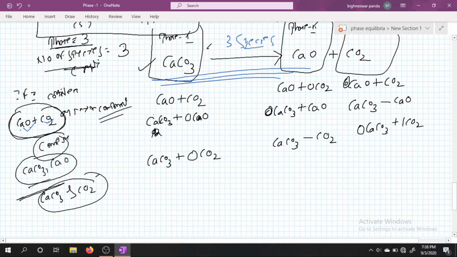If we are considering calcium oxide and carbon dioxide as 2 constituent, then we can easily explain the composition of phase 1, phase 2 and phase 3. If we are considering calcium carbonate and calcium oxide as minimum number of component, also we can easily explain the composition of phase 1, phase 2 and phase 3.